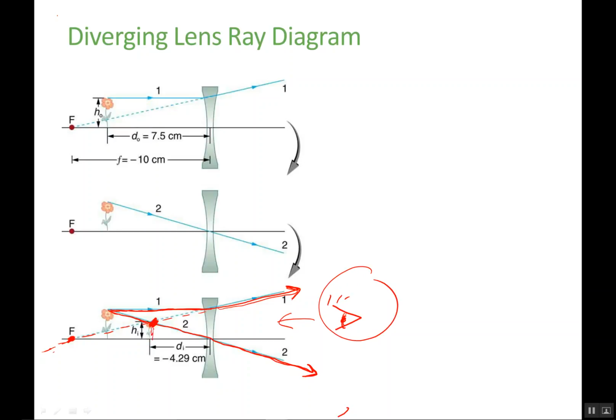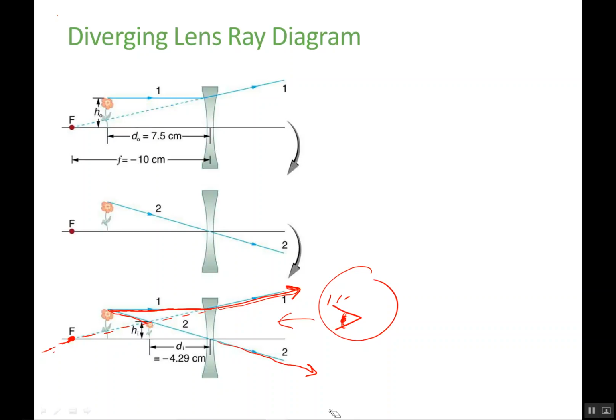So what we have is, again, not a real image, this is a virtual image, and it can only be seen if the observer is looking back through the lens. No light is actually projected from the object to this spot in space. It only appears to be so from an observer who's looking through the lens.